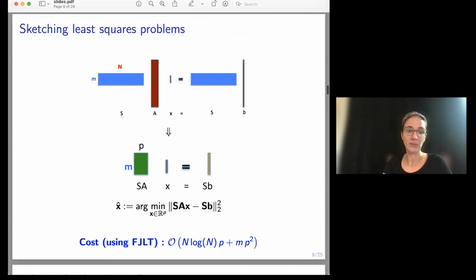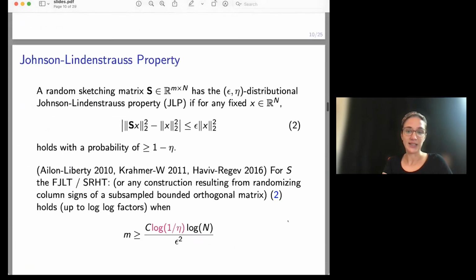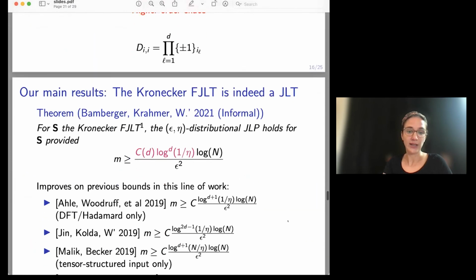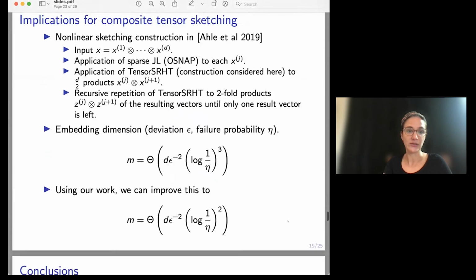One wants a sketching matrix to have size that's only linear in the statistical dimension or rank of the matrix.